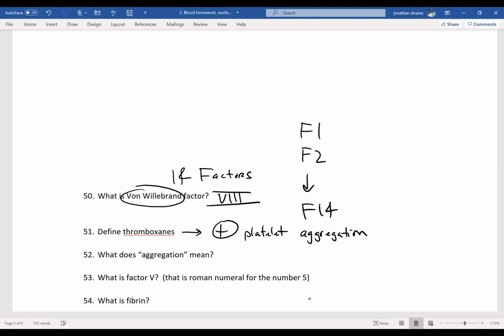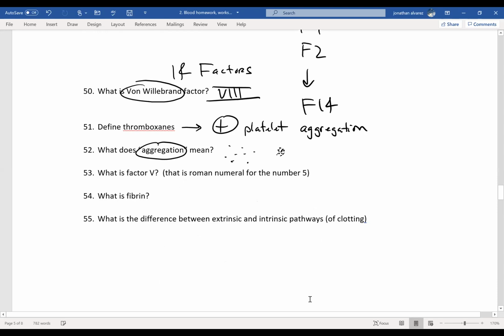Okay, and aggregation means clumping together, where the platelets, well, the cells, were all spread out and now they're all clumped together. So that's aggregation.